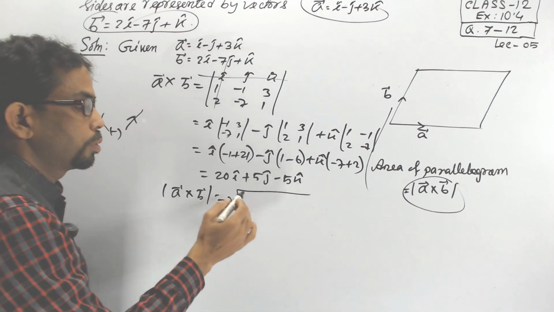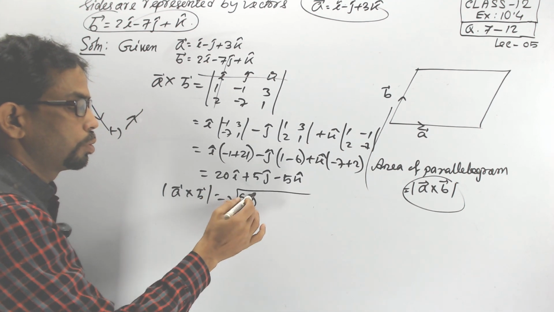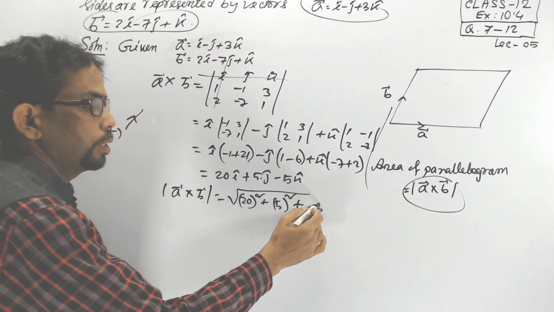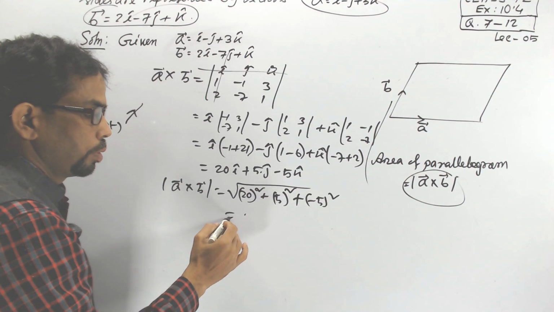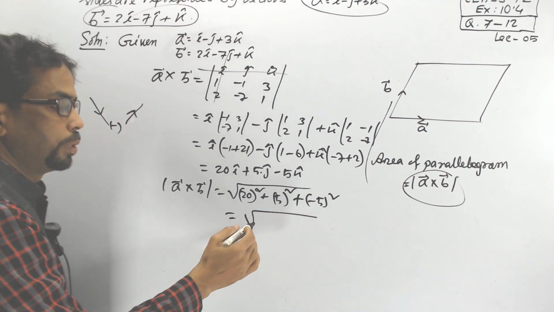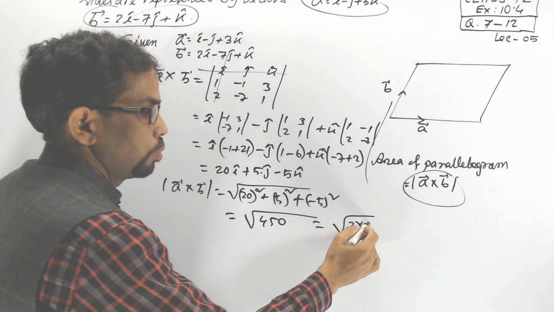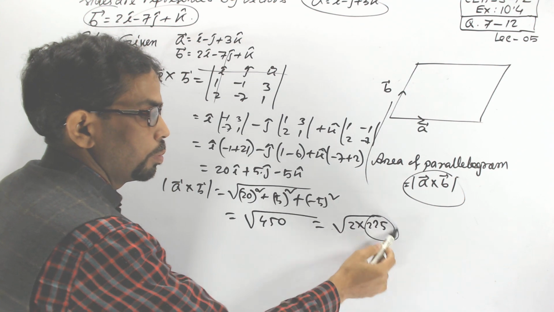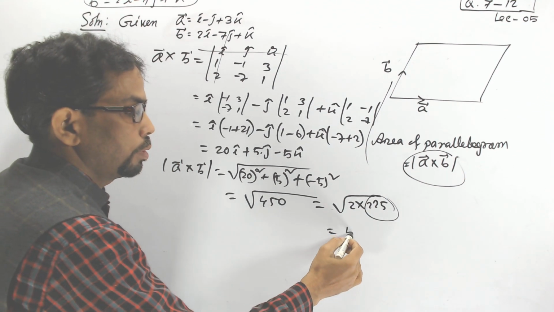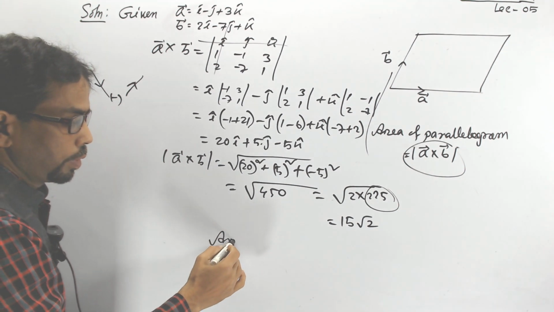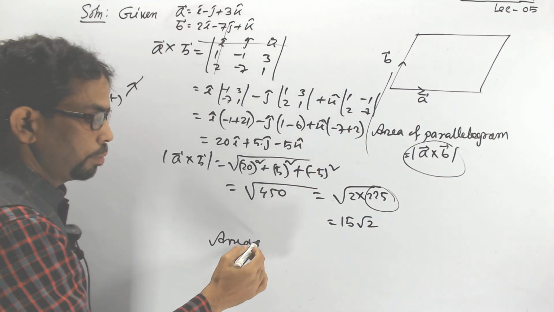It is under square root coefficient of I square, coefficient of j square plus coefficient of k square. So it is altogether 450, and 450 we can write twice 225. 225 is a square number, it is square of 15, so it will be 15 square root of 2. And then this is the area of triangle, area of not triangle, area of parallelogram.